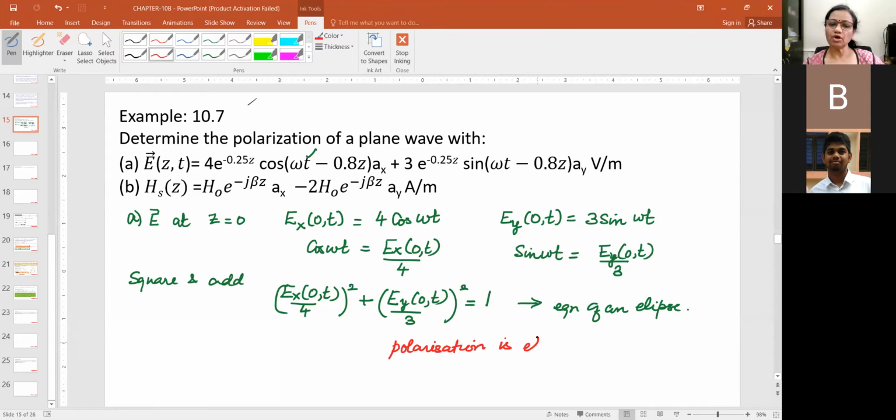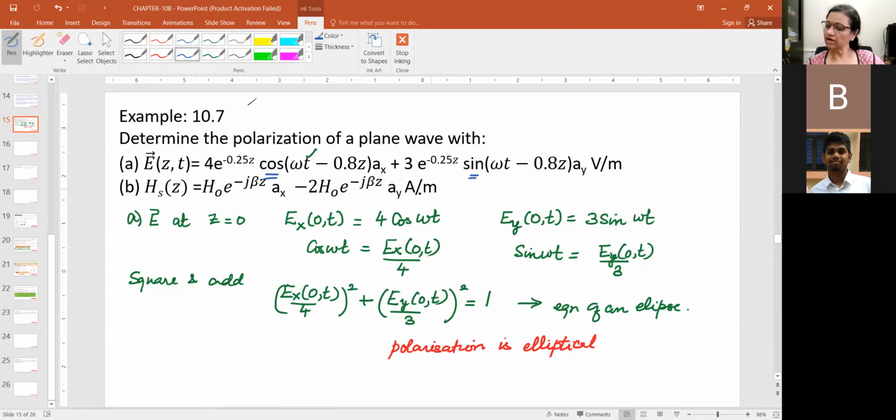So this is where the book is leaving you at this stage. But I would like you to go one step ahead and look at whether it is a right polarization or a left polarization. Now you look at this equation: you see that the x component is a cosine function, and the y is a sine function.